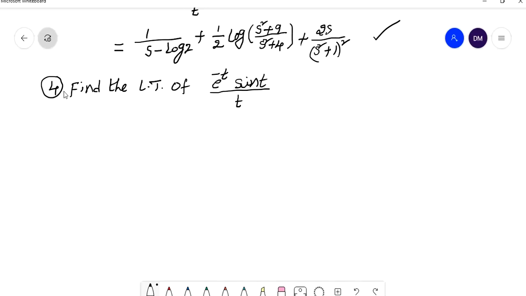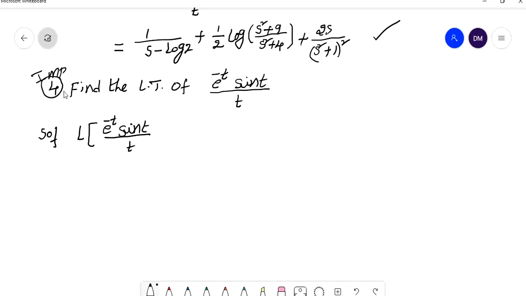This is also a very important problem. We have to practice this problem carefully. Find the Laplace transform of e power minus t into sin t by t.